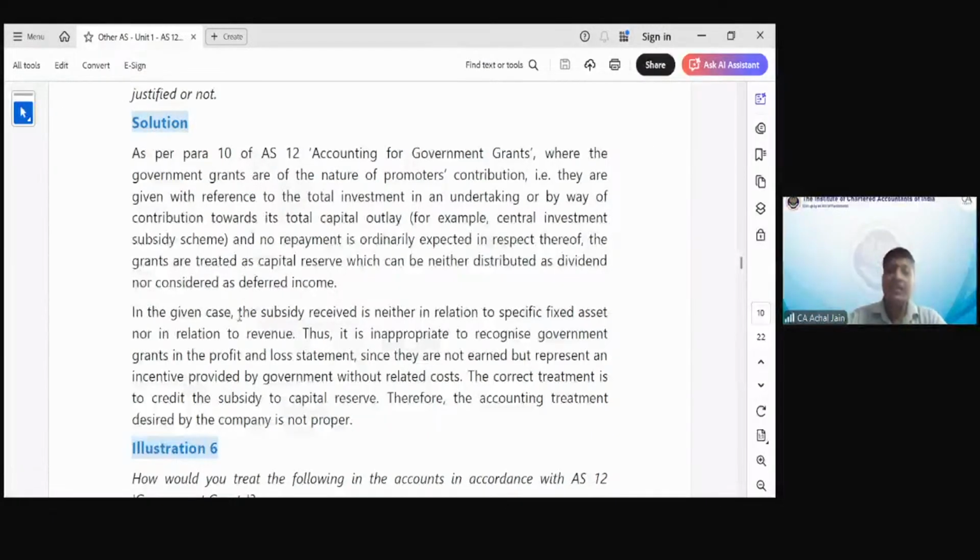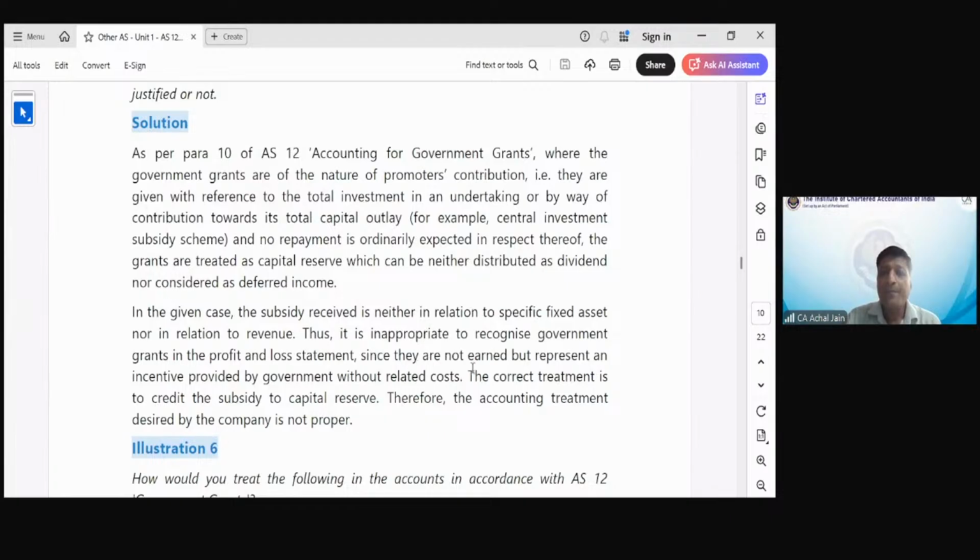In the given case, subsidy received is neither in relation to fixed asset, very clearly, nor in relation to revenue. Therefore, it will be inappropriate to recognize the government grant in the P&L, something which the company is contemplating.